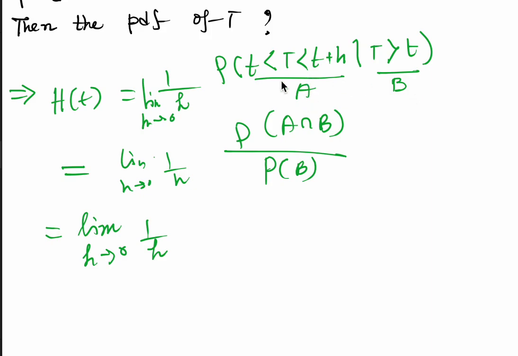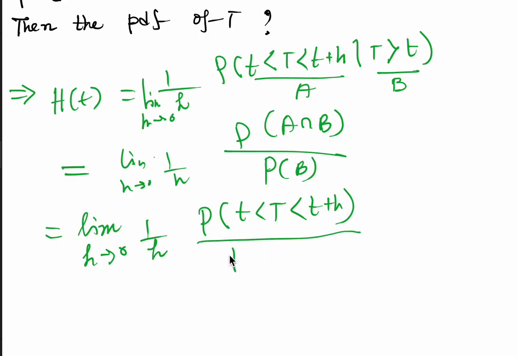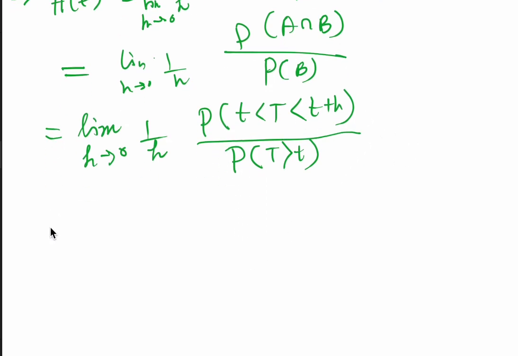Since A is a subset of B, the intersection will be A, so that means probability of t less than T less than t plus h, divided by probability of T greater than t, and this is nothing but 1 minus F(t).